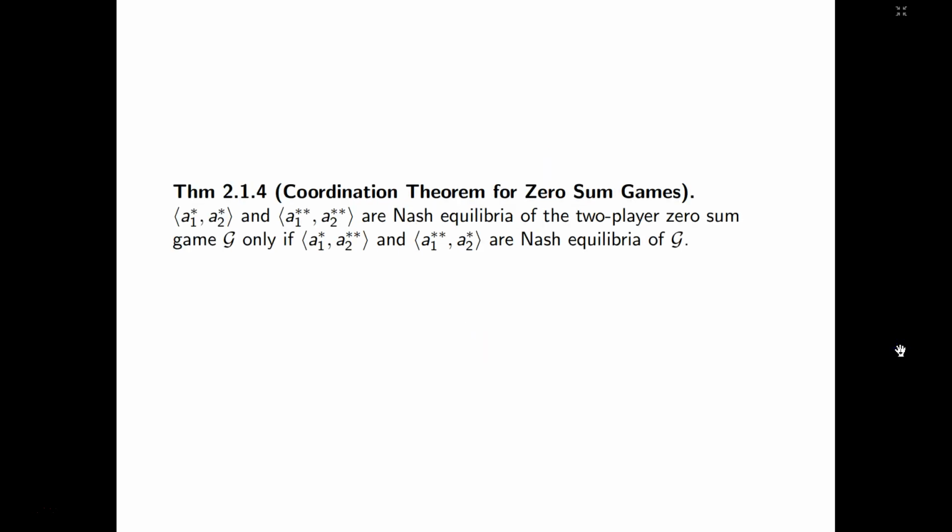And then we have what we call the coordination theorem for zero-sum games. A1 star, A2 star, and A1 double star, A2 double star are Nash equilibria of the two-player zero-sum game G only if A1 star, A2 double star, and A1 double star, A2 star are Nash equilibria of this game.